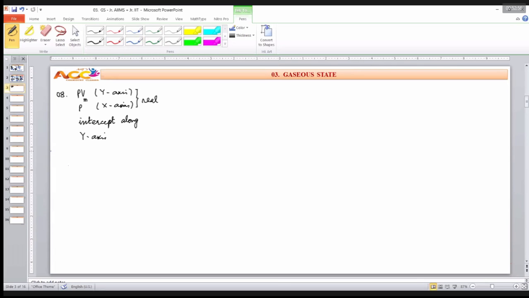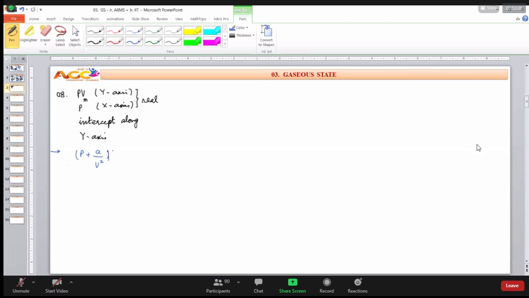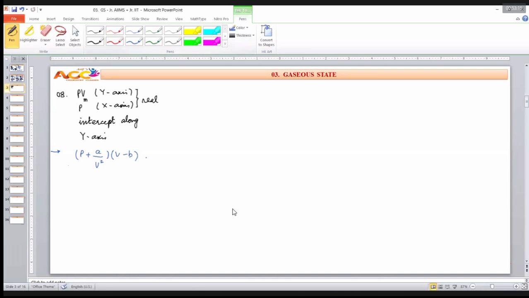Sir, in case of real gas, we say (P + a/V²)(V − b) = RT.